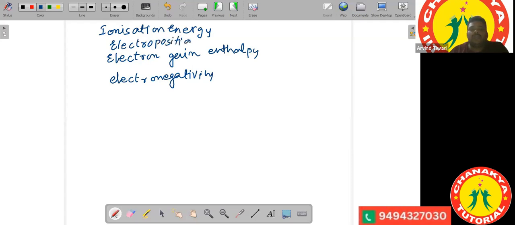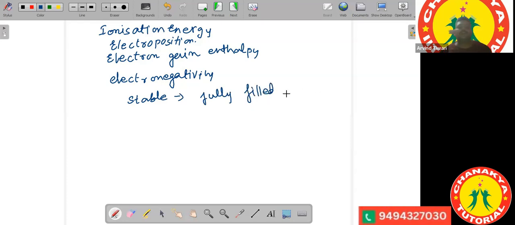So every atom wants to have a stable configuration. The stable configuration means octet, that all the shells should be fully filled, or it should have 8 electrons in the outermost shell.